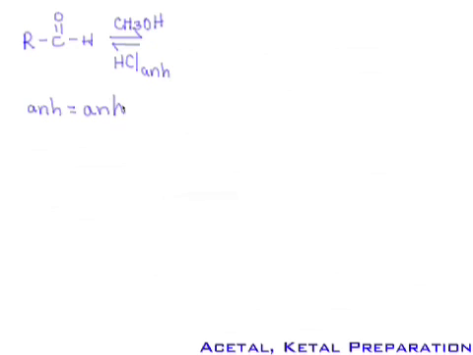So there's no water around. So we've just bubbled HCl gas through dry methanol. If we do this, we can get an OCH3 to attack the C double bond O.